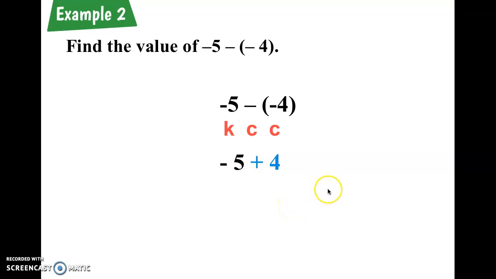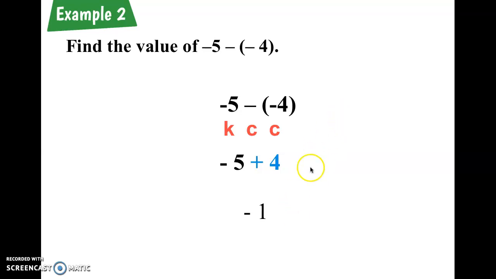If you recall from lesson 12.1, when we have two different signs, we subtract them and then take the sign of the one that has the larger absolute value. So 5 is bigger, it's a negative, so my answer stays negative: -1. Now remember, I said I'm taking away your negativity and making you more positive. -1 is closer to the positive side than -5, so we are good there.